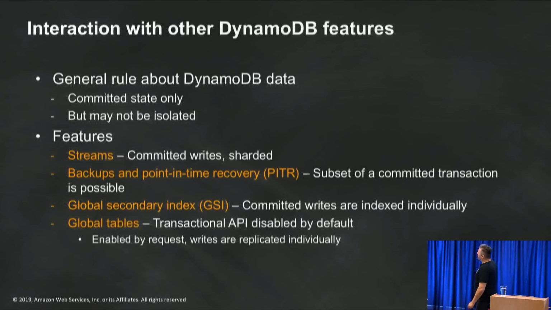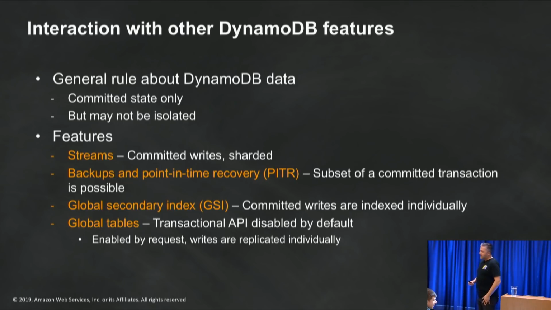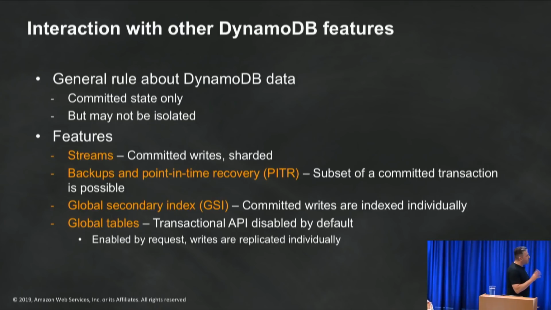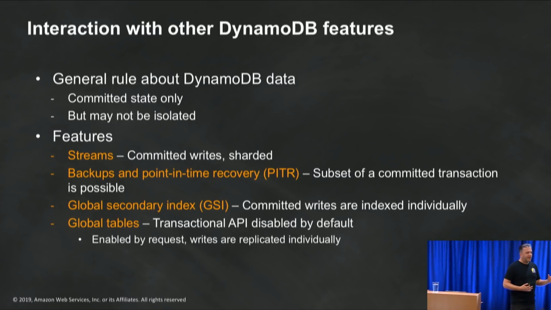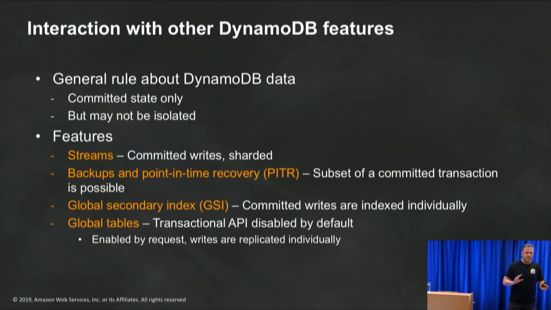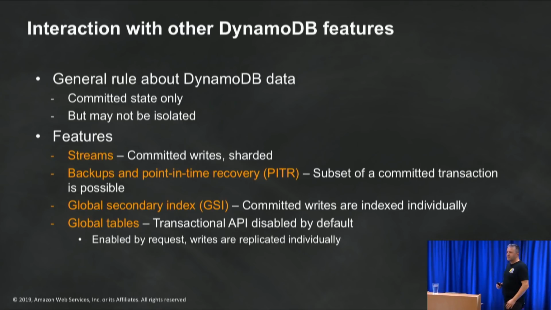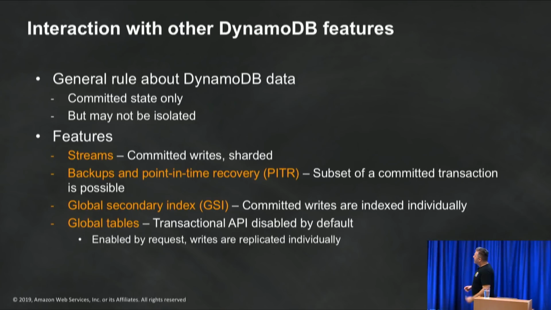As far as interaction with other DynamoDB features, first of all, and you've heard me say this earlier in the talk as well, you can only at any point in time read committed state from DynamoDB, right? So you're safe. You're not going to get some wacko state that just isn't committed or that's some kind of hodgepodge, right? The state is always read committed, right?